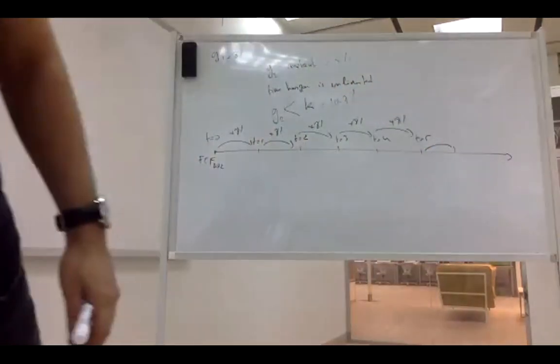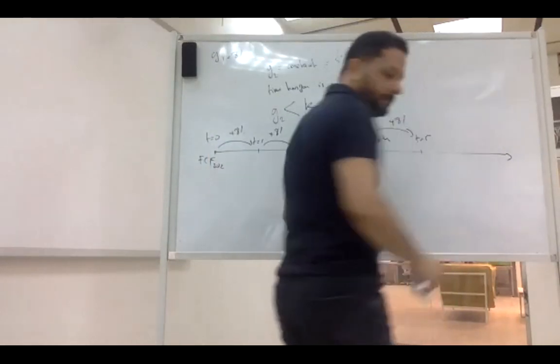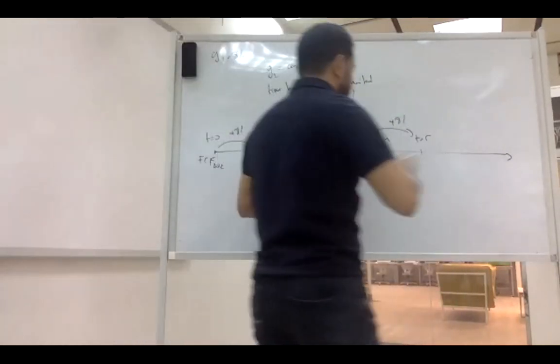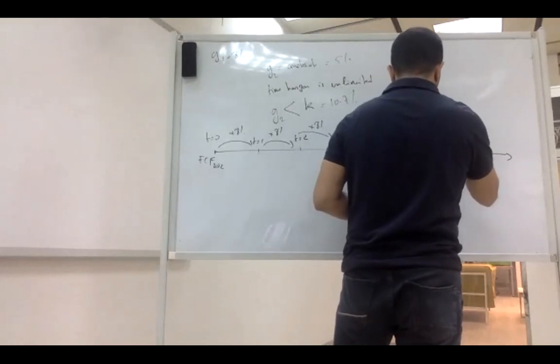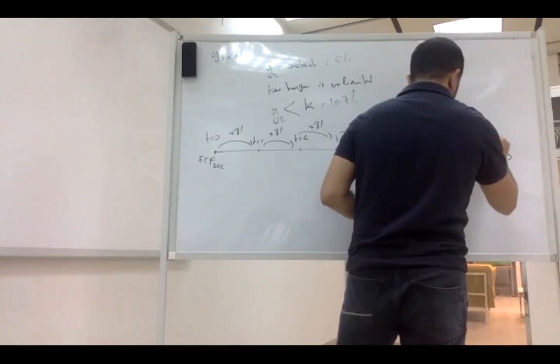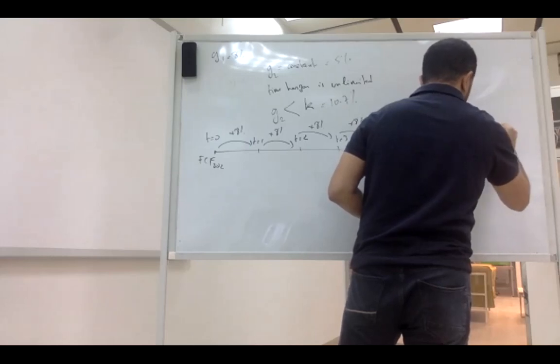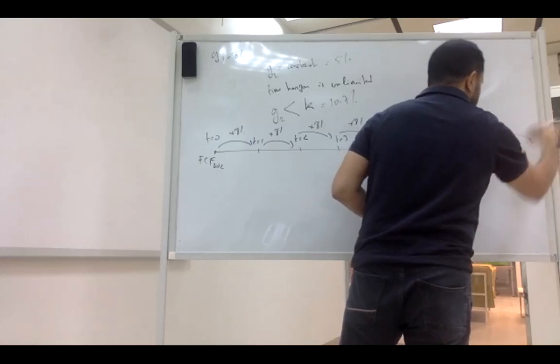Let me just draw it with a different color. Now we have plus 5%, 6, 7 plus 5%, 8 plus 5%, and it will continue infinitely.